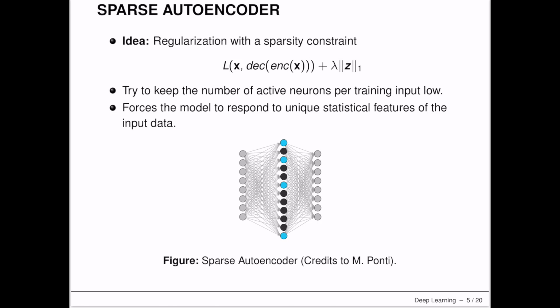So the L1 norm always searches for sparse solutions. That's exactly what we want. And then we have the lambda for weighting the regularization term. So this would be an easy way to regularize an autoencoder.